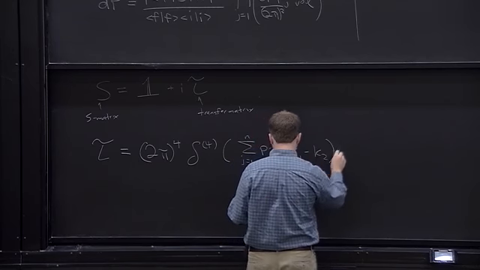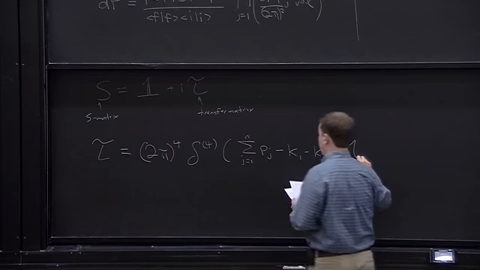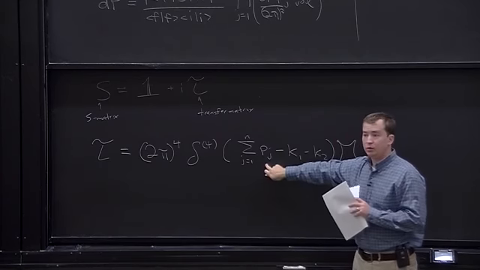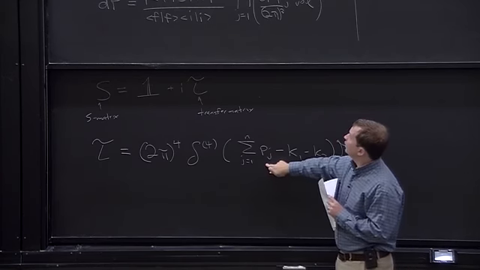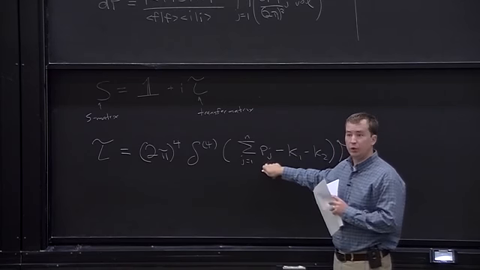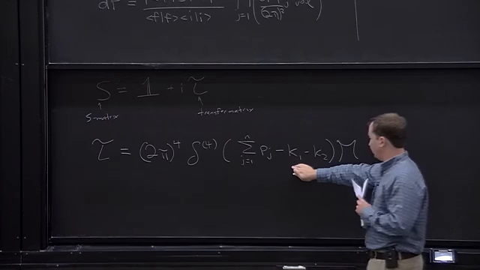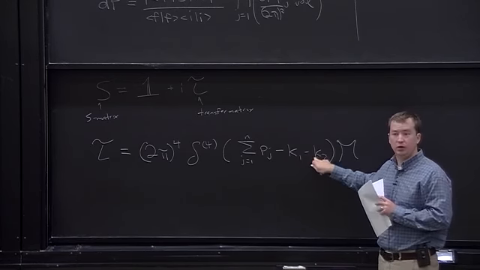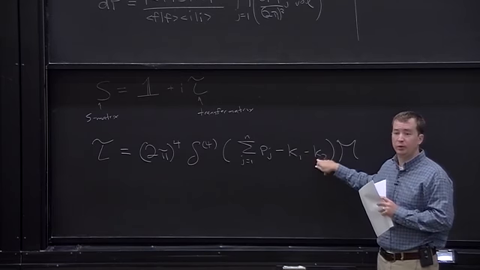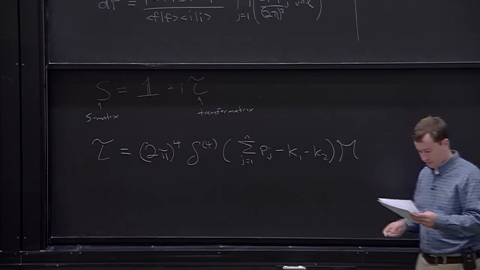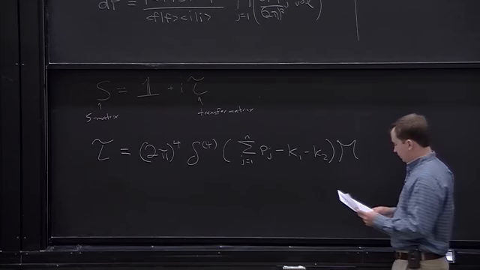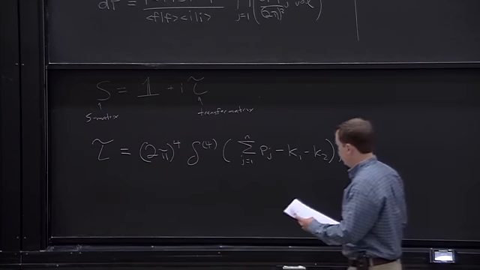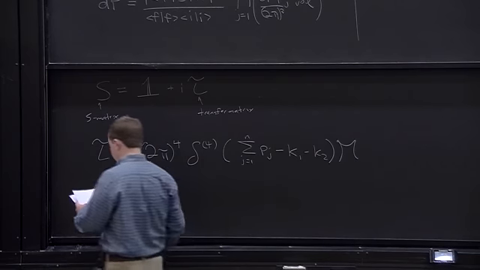And so here P indicates the momenta of the final particles, and throughout today's lecture and most of the subsequent lectures I'll use K to indicate the momenta of the initial particles. And so what do we see?